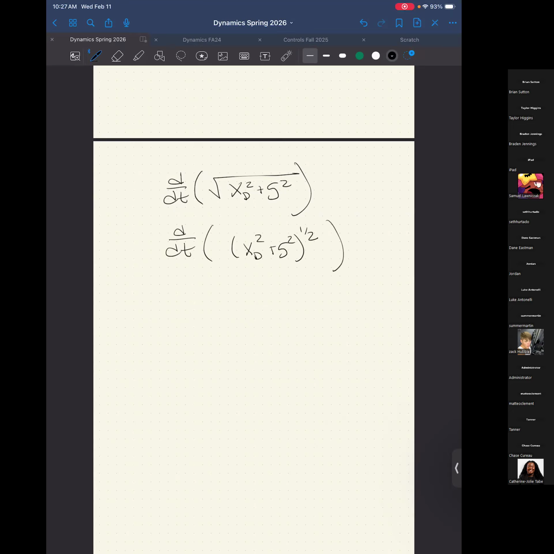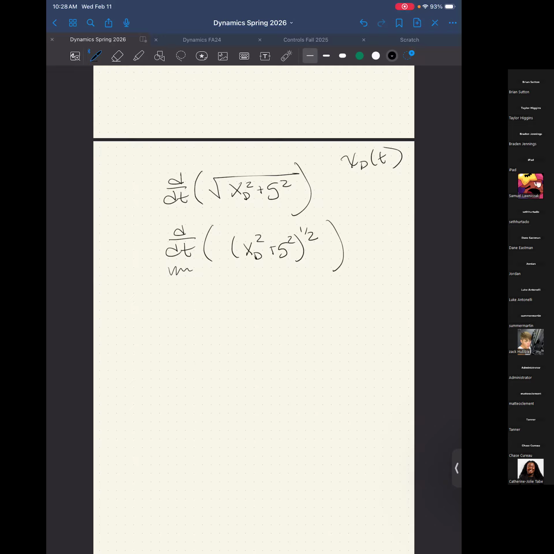Okay, so this is not just a single chain rule. This is actually two different chain rules. And the reason I say that is because xd is also dependent on time. Right? Because the truck is moving to the right, so xd is going to change over time. It's a function of time, which means that when we take a time derivative of this whole quantity, I can't just pretend like xd is the variable that I'm taking the derivative with respect to. I have to keep in mind that I'm taking the derivative with respect to time. And because xd changes with time, I'm going to have that very last piece where I multiply everything by dxd dt.